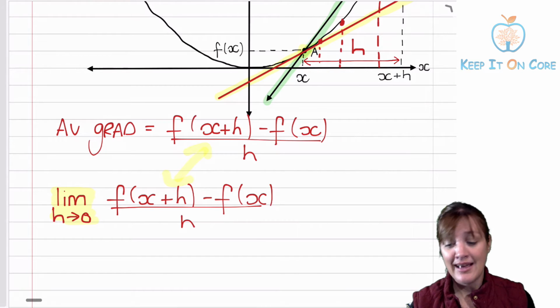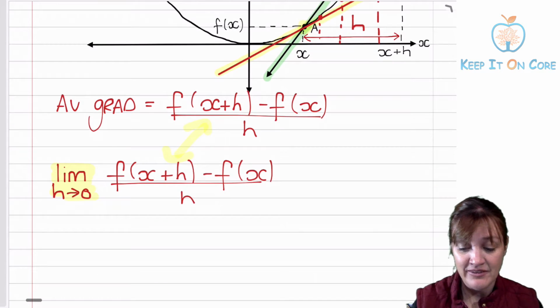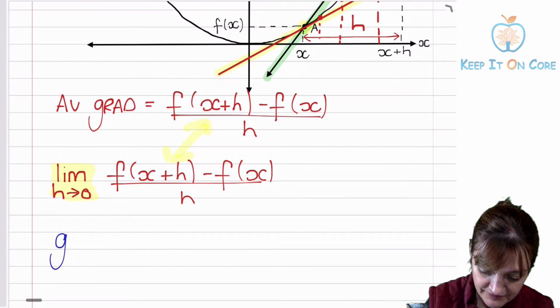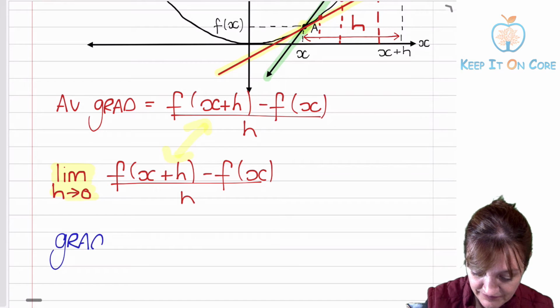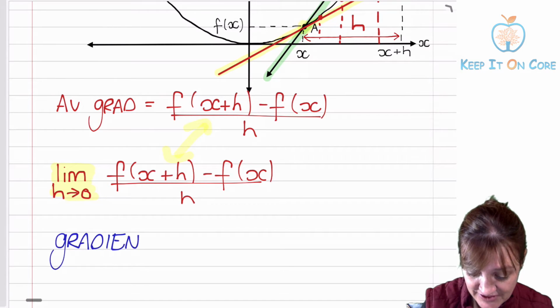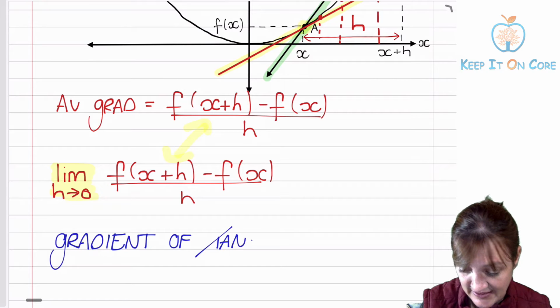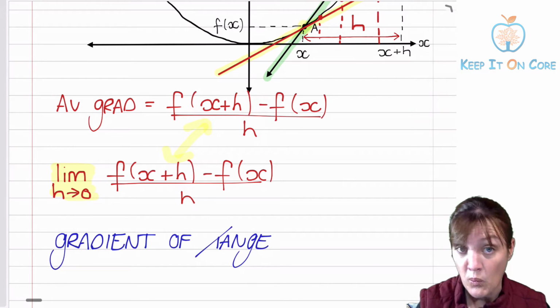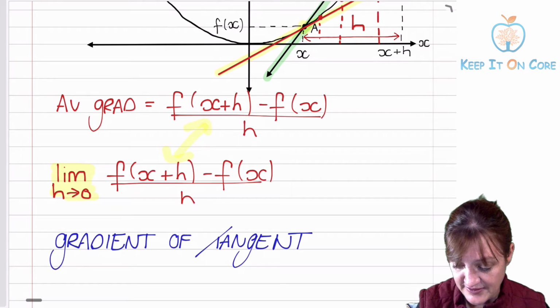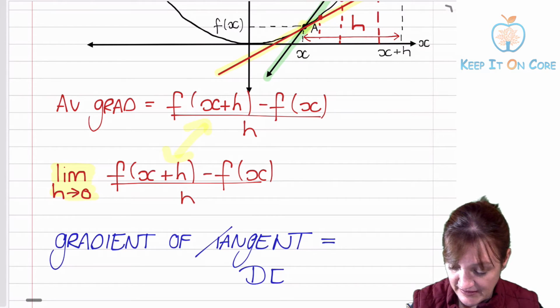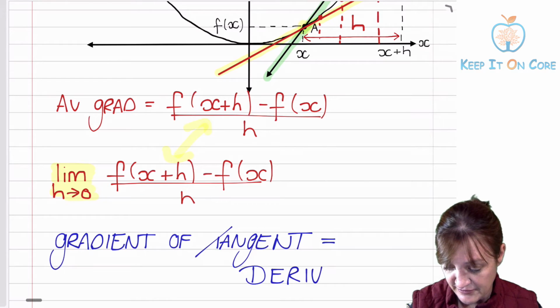Now the gradient at 1 point in calculus has a very special name, all right? The gradient of a tangent. Okay, and just remember, a tangent is a line that touches a graph at one point. So the gradient of a tangent is equal to what we call the derivative.